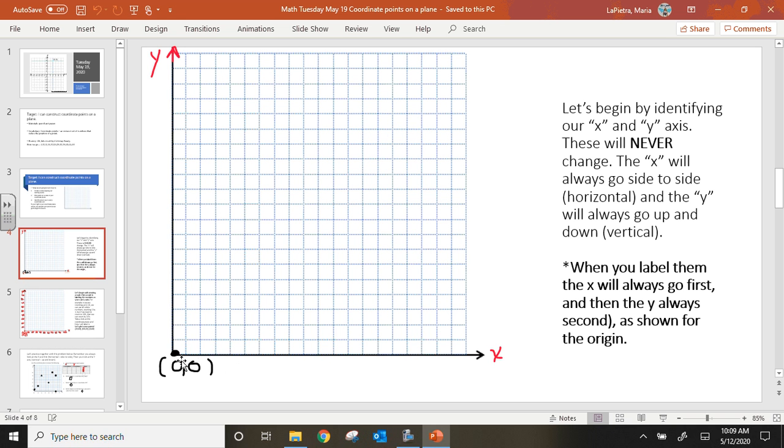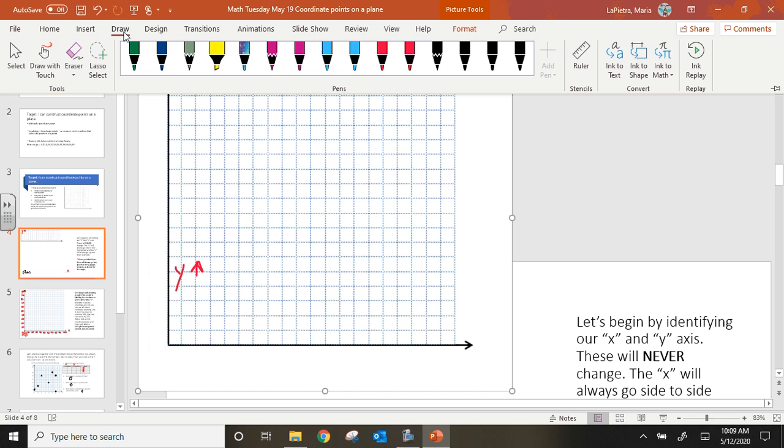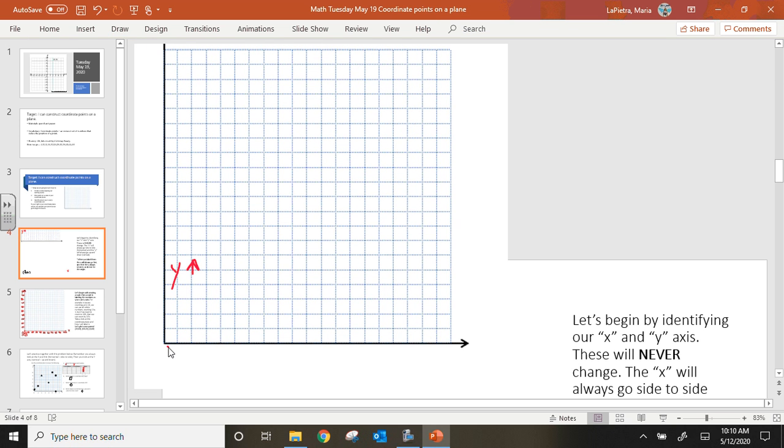You're going to go down, and then you're going to go up to see where your second point will be. So it will always be x. I'm going to draw this for you, again using the draw feature. This will be my origin. This will be my x. This will be my y.